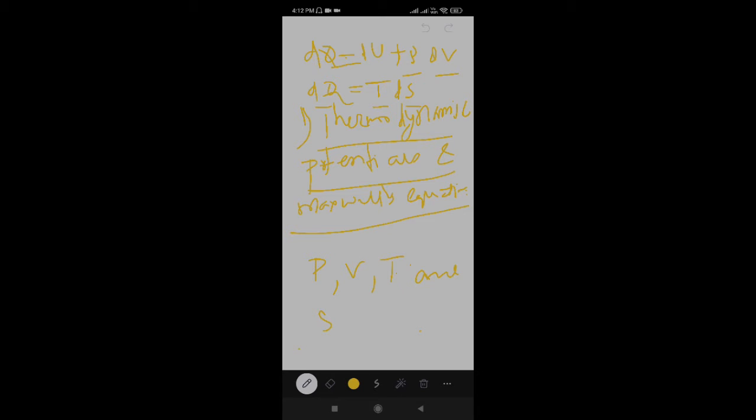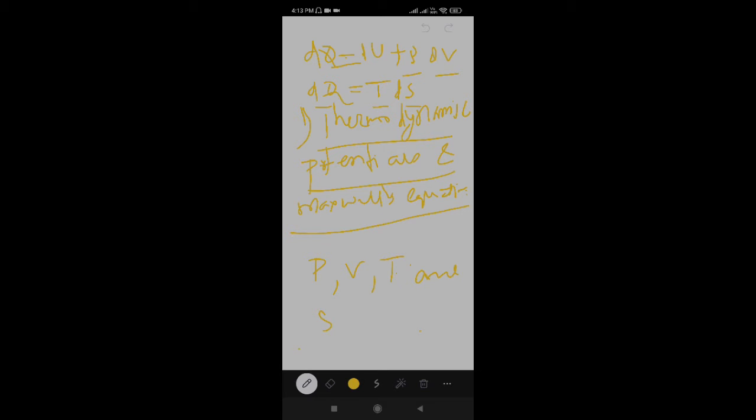But only such two relations are not enough to describe any one thermodynamical system. Some more relations are needed. Now we are going to study those other relations in terms of the parameters P, V, T, and S.